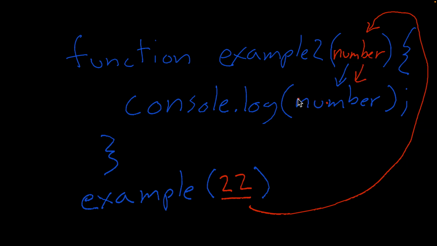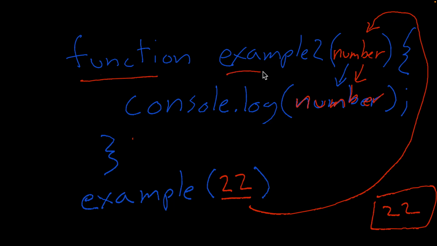Now, when we call number, we're calling number 22. So our console is going to print 22. Okay, this is a very simple concept. All I'm trying to introduce is we have to have the keyword function.